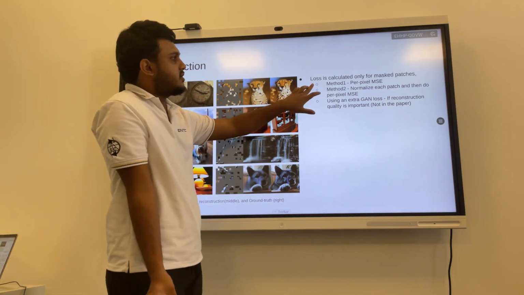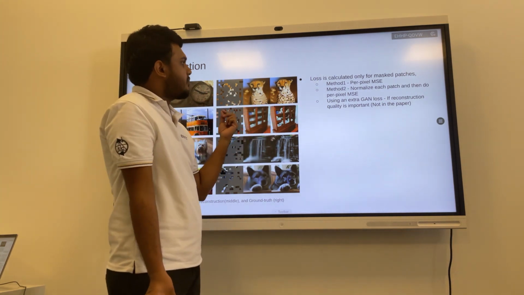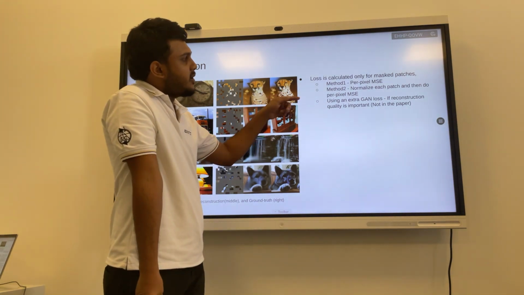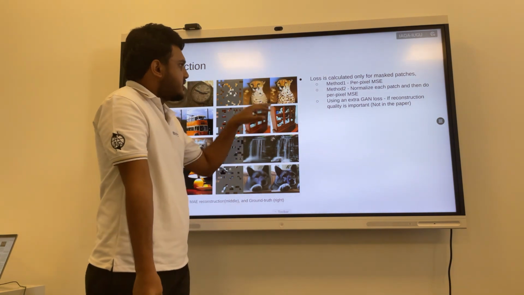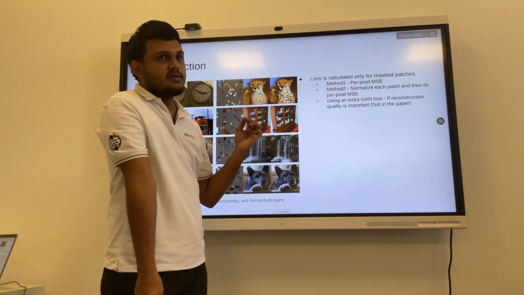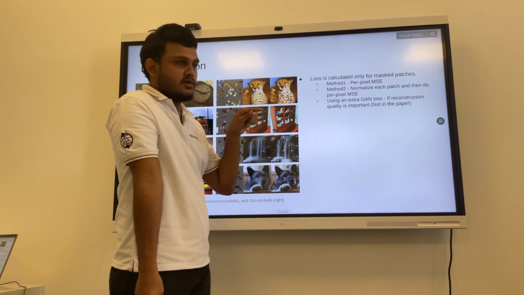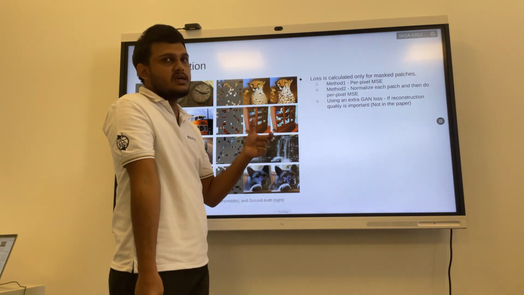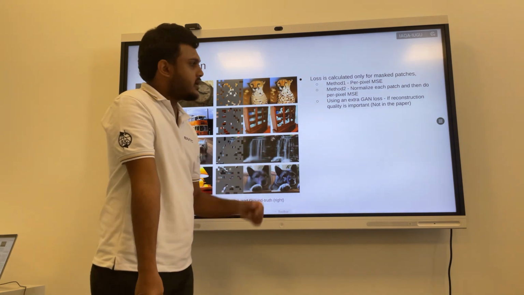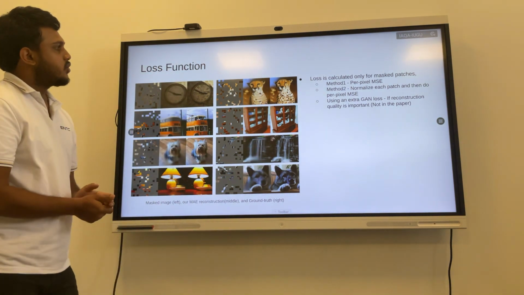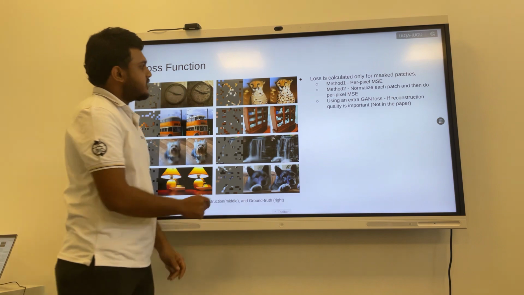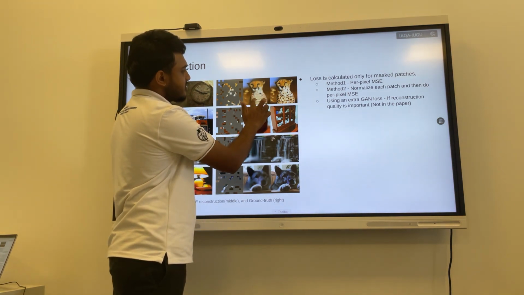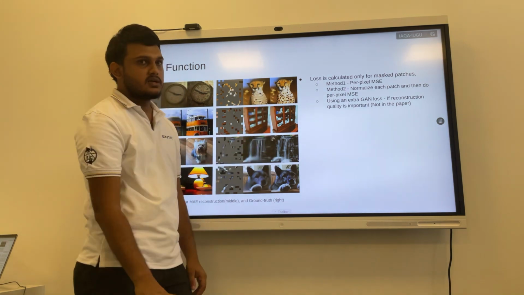They have first tried comparing at a pixel level, and then they have also shown in the paper that if we consider each patch, calculate the mean and the standard deviation of the pixels within the patch, then normalize the patch and then calculate the MSE, that performs better. And then, looking at the problems here, you can see that in these patches the reconstruction quality is lower.